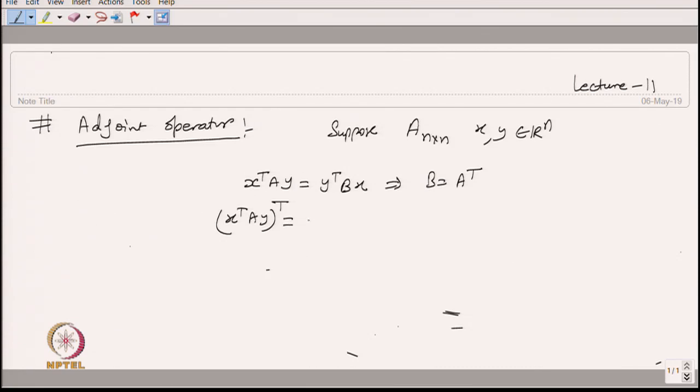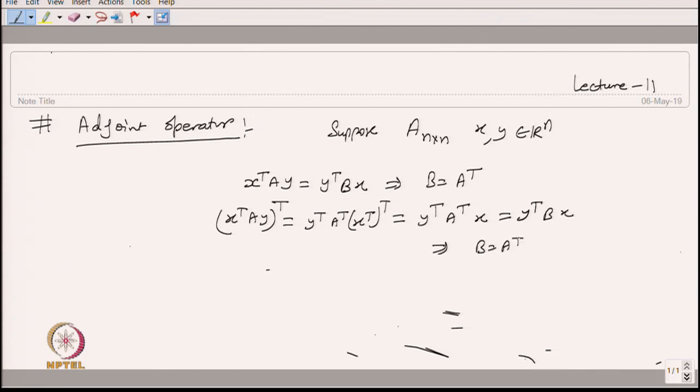Applying the transpose formula, it will be y transpose A transpose x transpose transpose, which I can write as y transpose A transpose x. It is given that this is equal to y transpose B x. So from here I can say that B will be A transpose.